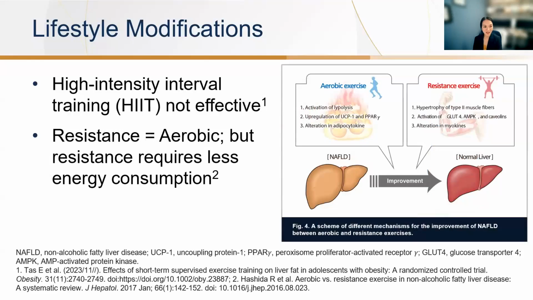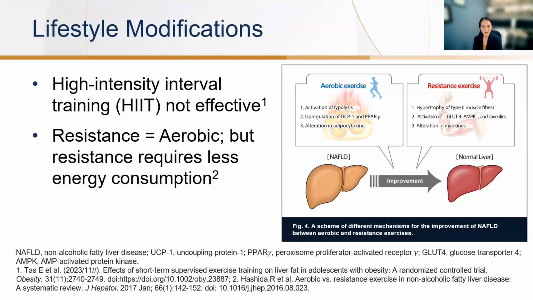When I prepared this slide, it was interesting to know that HIIT, namely high intensity interval training, is actually not that effective in MASH improvement, as a 2023 review study showed. And compared with aerobic training, resistance training is not superior.